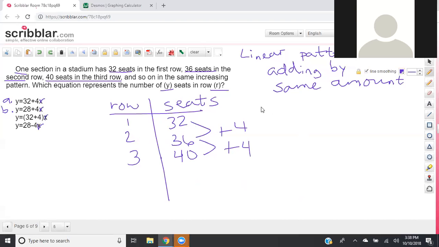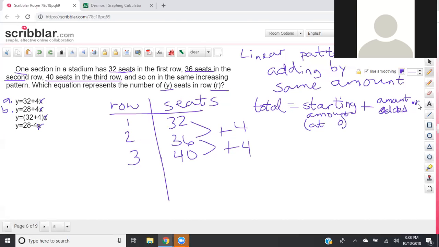So for linear patterns, your total always equals the starting amount at 0 plus the amount you add every time times your variable.